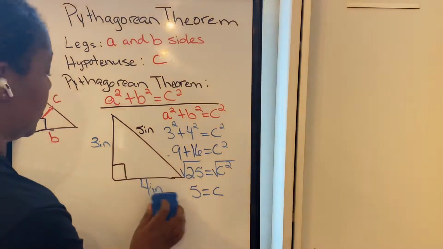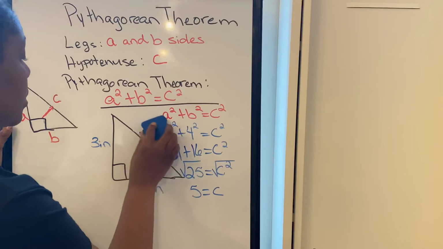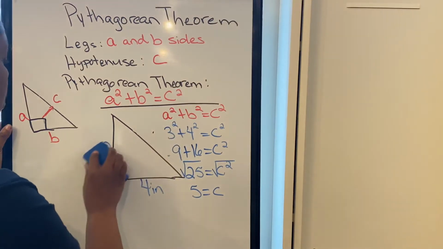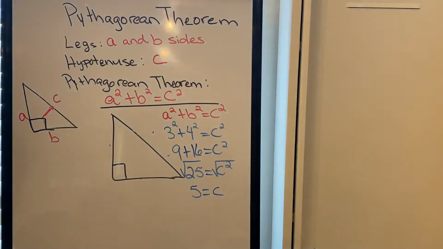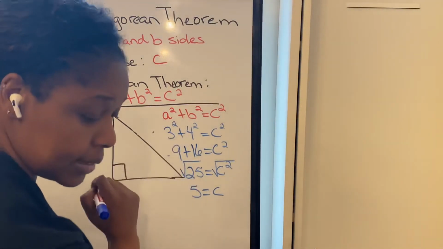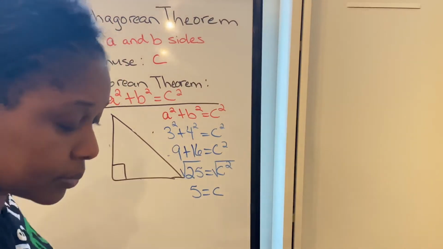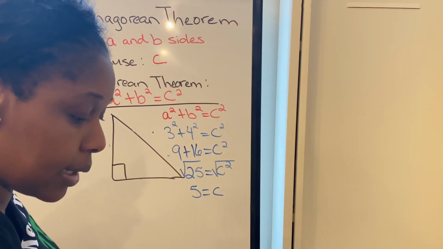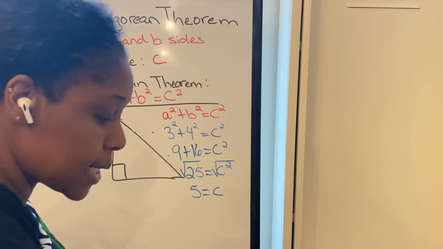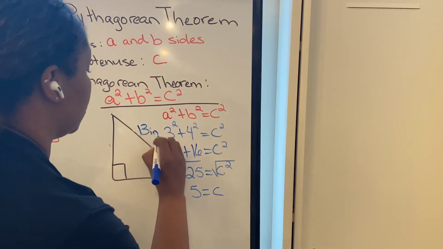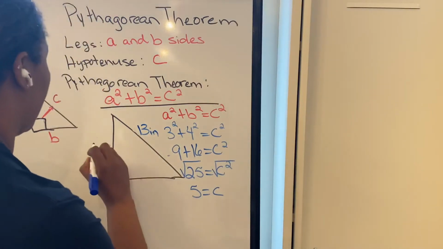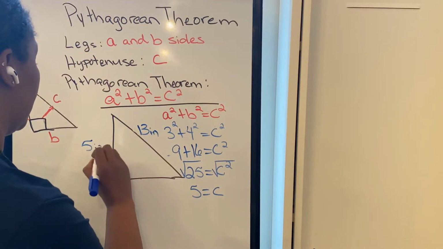All right. Now, what happens when I actually have my C? So I don't need to know what C is. We'll do 13 inches here, and we'll do 5 inches here.